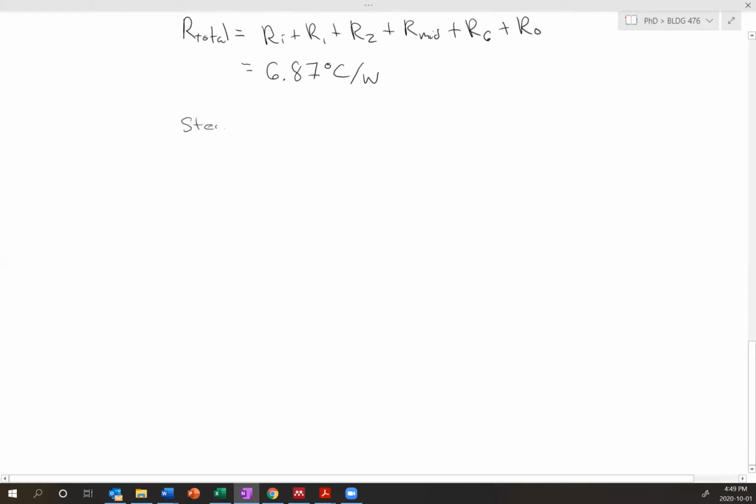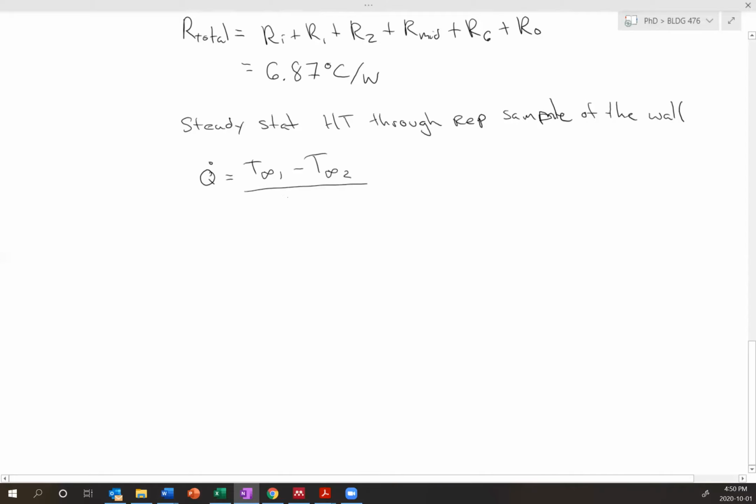So we're saying our steady state heat transfer, the representative, this is Q dot is equal to T infinity 1, so our inside and our outside, over our equivalent, our total.